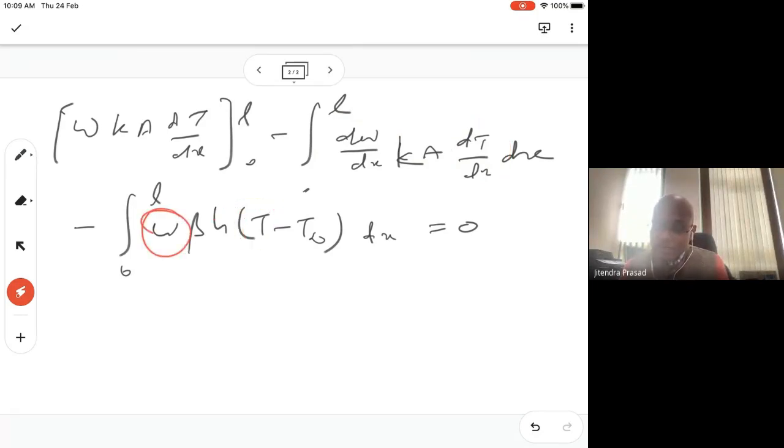So W and T will multiply, and then you have W h and T infinity. Accordingly, you have only W in one case, for example, when this multiplies T infinity, while here W multiplies T. Okay, so this is how it is.